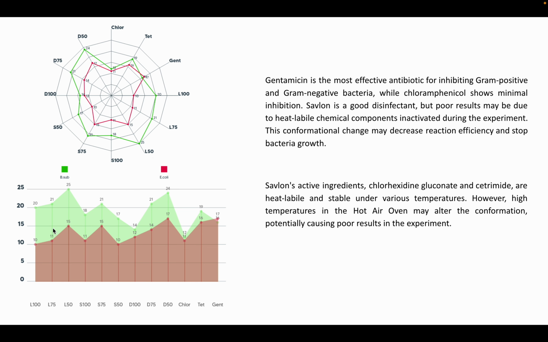And also from this graph, we can see the green color graph which shows the rate of zone of inhibition of Bacillus subtilis, that is a gram-positive bacteria, and E. coli, which is a gram-negative bacteria. Gram-positive bacteria here again hold a much larger area of inhibition, whereas gram-negative bacteria, that is E. coli, does not have that much area of inhibition as compared to Bacillus subtilis.